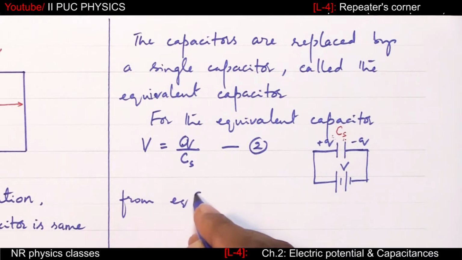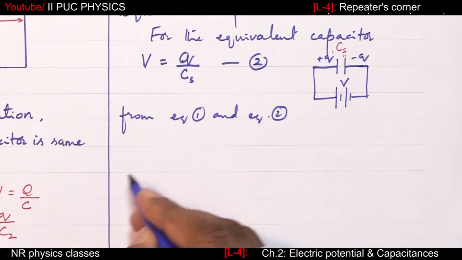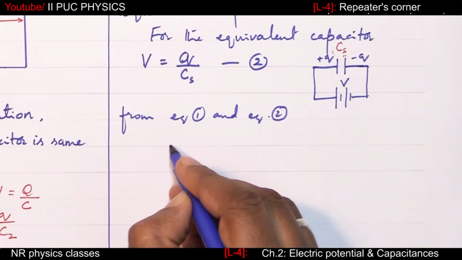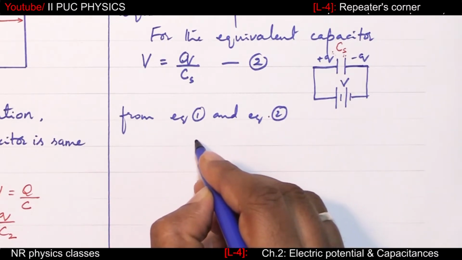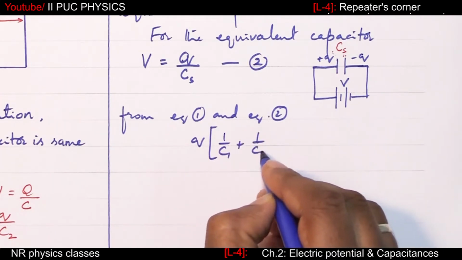So from equation 1 and equation 2, equation 1 is Q into 1 by C1 plus 1 by C2, isn't it?